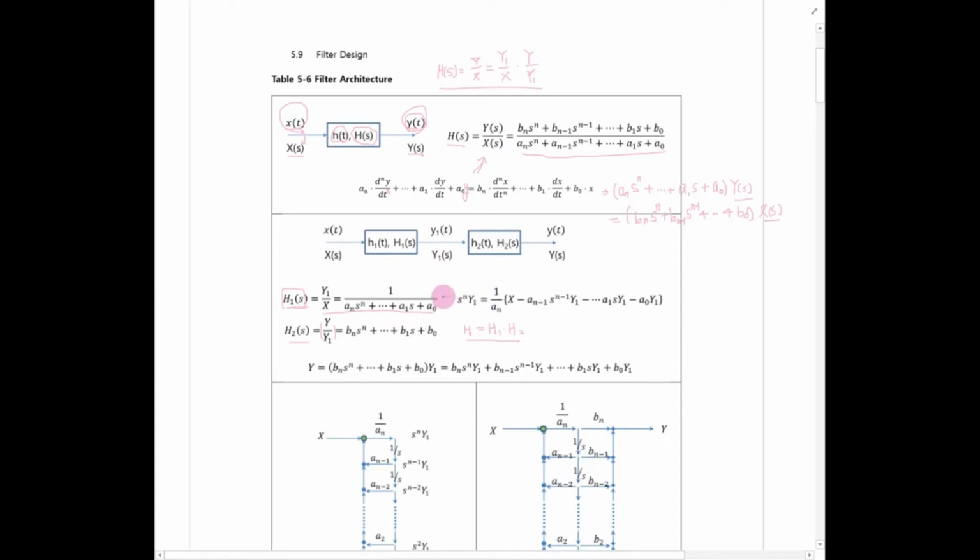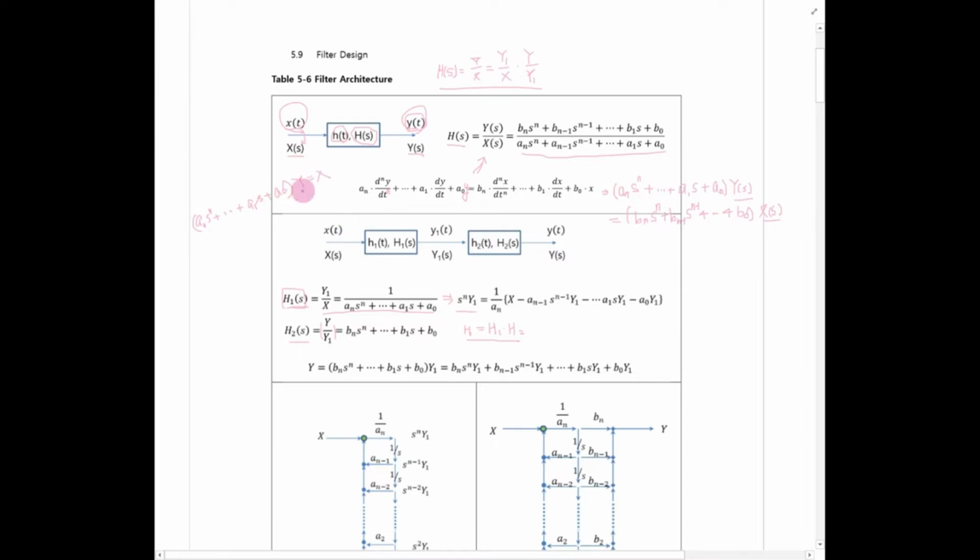Then by use of these equations, we can convert as nth order y1. Okay, just multiply this one, that will give this result. You can see here that if you multiply this one, a_n s to the n plus everything included here, and a_1 s and a_0, and y are equal to x.